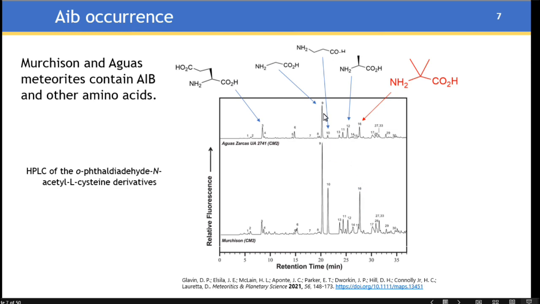The most common constituent is glycine. L-alanine is there, and L-glutamate also. Dan Glavin at NASA Labs has done a lot of research, and also his postdoc Elsila, and we'll see some of the other data that they have on these amino acids as well.